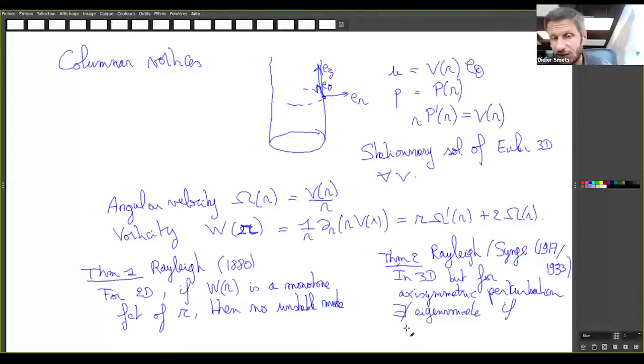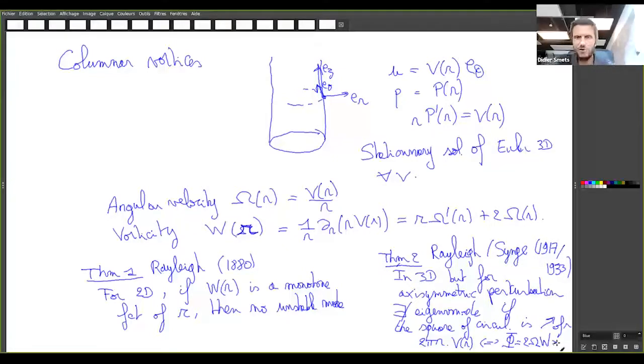The way it's stated by Rayleigh is, if the square of the circulation, because it might be negative, the square of the circulation is an increasing function of r. The circulation is 2 pi r times V of r. This criterion can be shown to be equivalent to the fact that what is called the Rayleigh function Pi, which is twice capital omega times capital W, is positive.